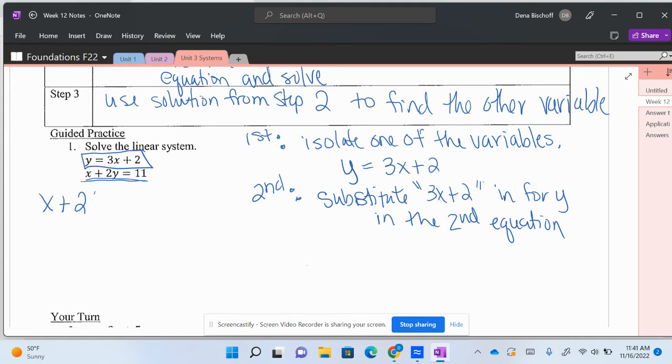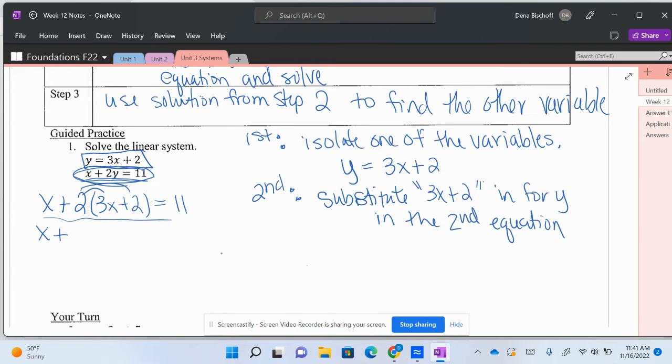Instead of writing y, what expression am I plugging in there for y? 3x plus 2. We said y equals 3x plus 2. And then I have to finish this equation, equals 11. So this right here is the second equation, but instead of using the variable y, I use the expression 3x plus 2. How do I get rid of the parentheses? I have to distribute.